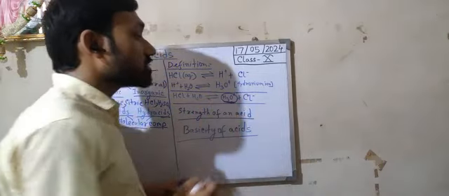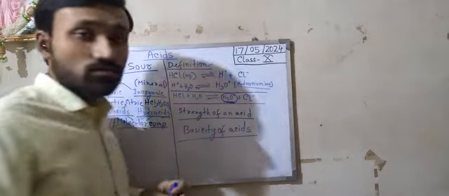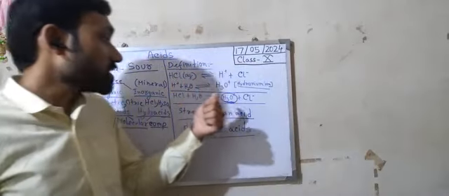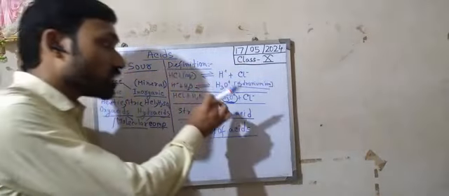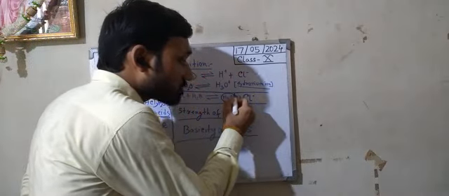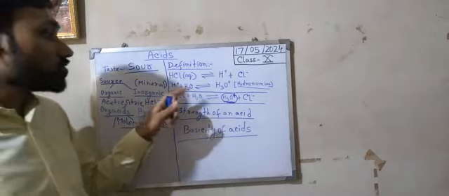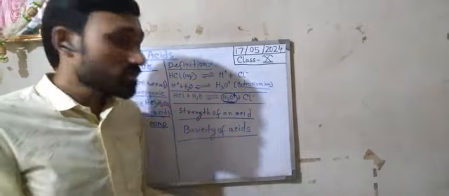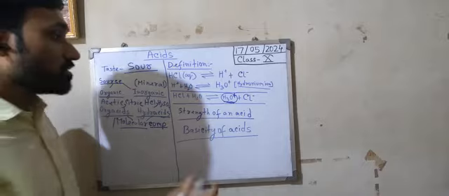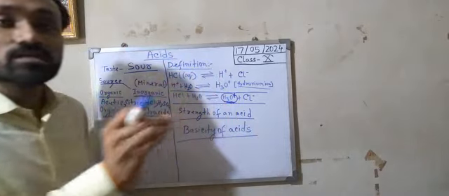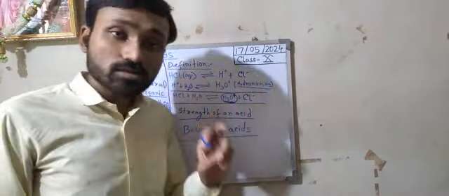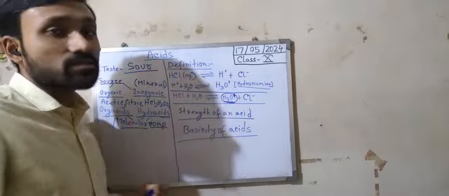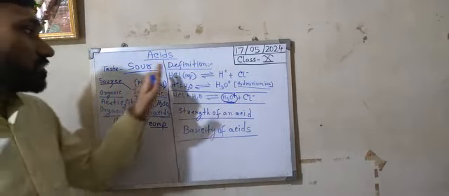So a compound which when dissolved in water furnishes H3O plus, or hydronium ion, as the only positively charged ion, that compound will be defined as an acid.